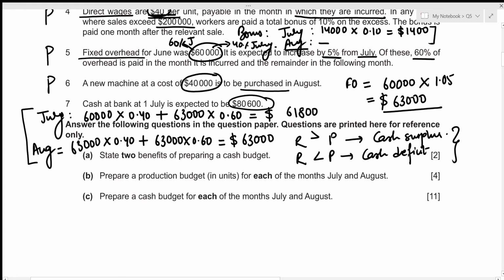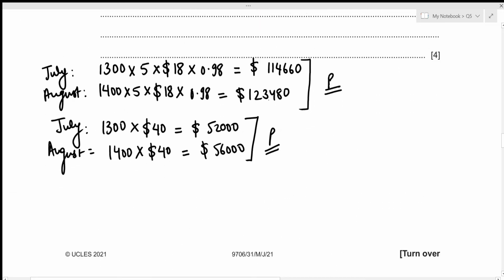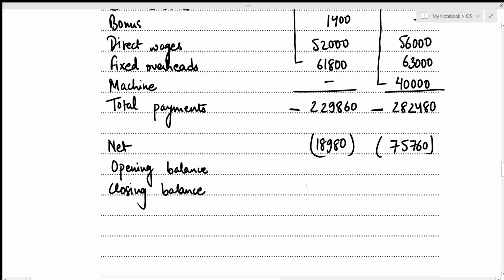So this is going to be the opening balance for the month of July. Let's record it. That's 80,600. Now in order to figure out the closing balance, we just adjust the net to our opening balance. So that's minus 18,980 plus 80,600, which results in the positive balance of 61,620.